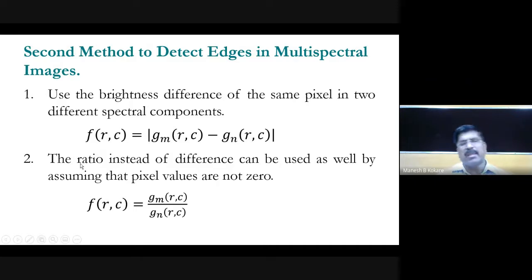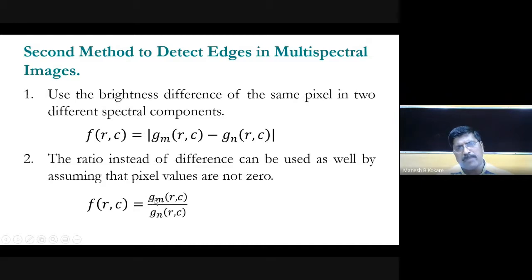Sometimes, instead of the difference, the ratio can also be used. Here we have taken the difference, but another technique for detecting edges is to use the ratio, Zm(r, c) by Zn(r, c).